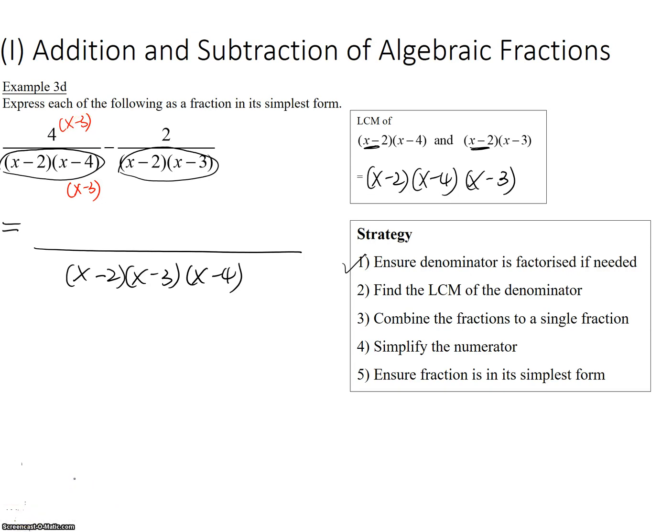Then for the other one, you are missing an x minus 4. So you need to multiply x minus 4 to both the numerator and the denominator. Once you have this, you can now write out your numerator. And this is how you combine the fractions into a single fraction.